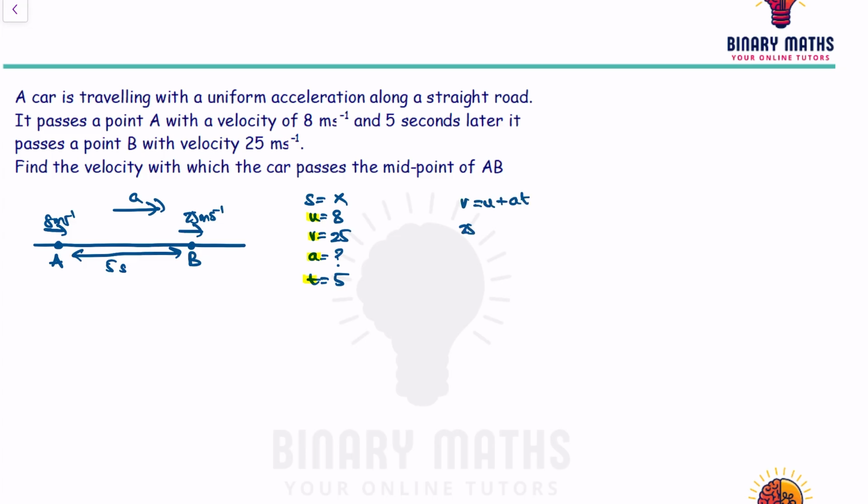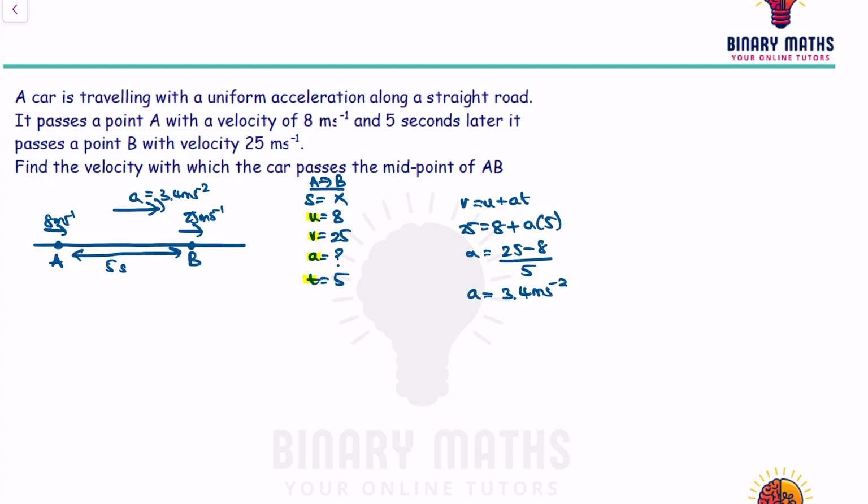So 25 is equal to 8 plus a times 5. Rearranging, a is equal to 25 take away 8 divided by 5, which means a is equal to 3.4 meters per second squared. That is the acceleration for the journey from A to B.